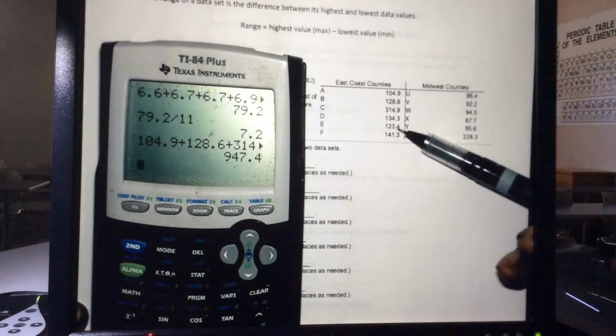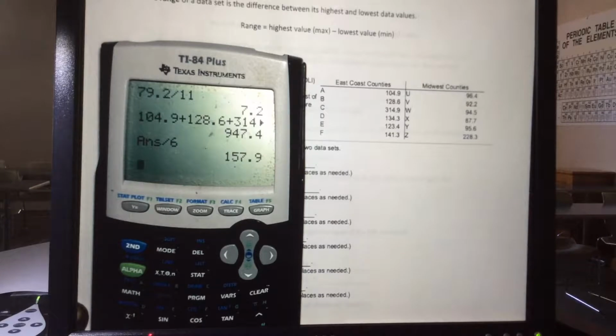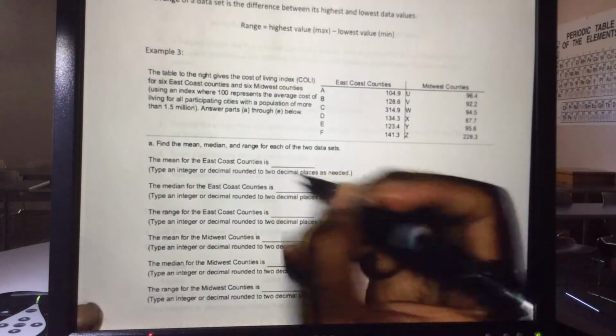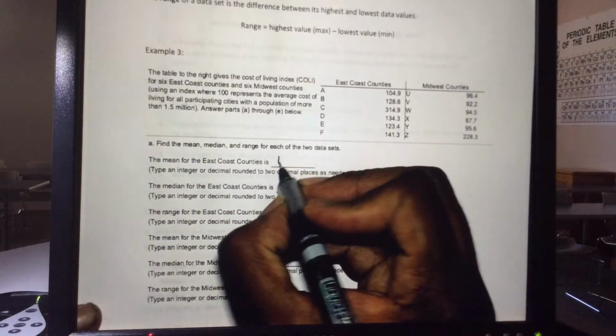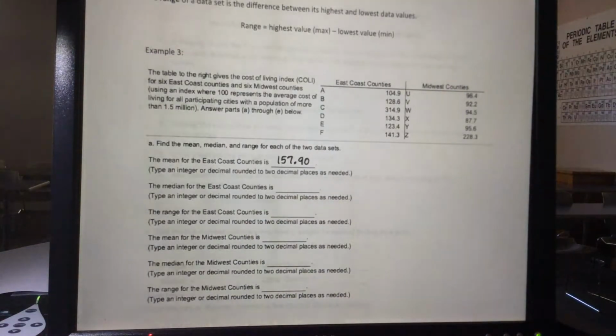We need to take that sum of 947.4 and divide that by 6. They say 2 decimal places, so on the calculator I got 157.9. If we wanted 2 decimal places, it's going to be 157.90, and I have to add a 0 behind it. Otherwise, they're going to give me a wrong answer because I'm not following the directions of rounding to 2 decimal places.